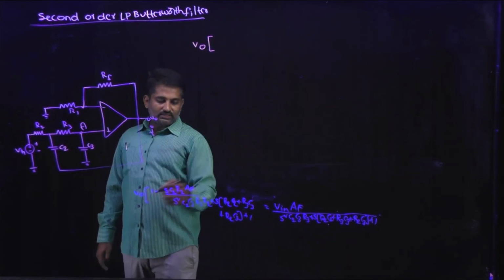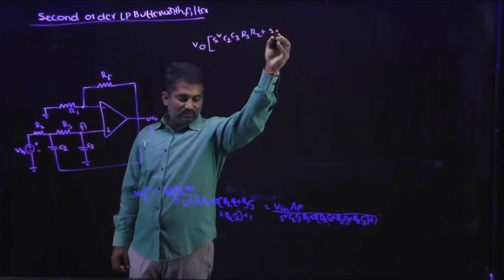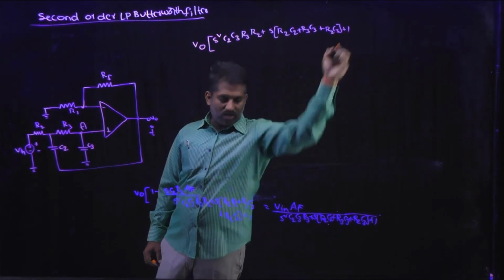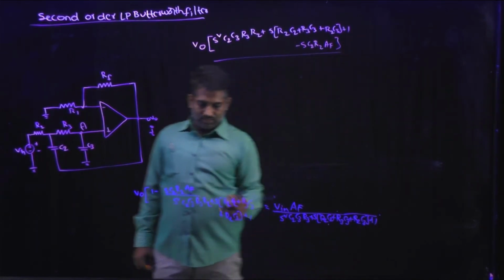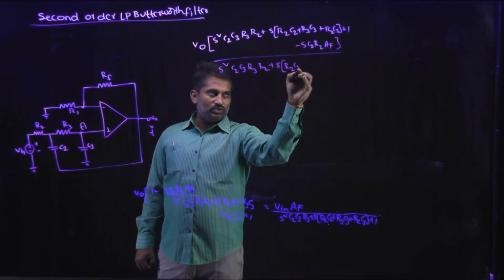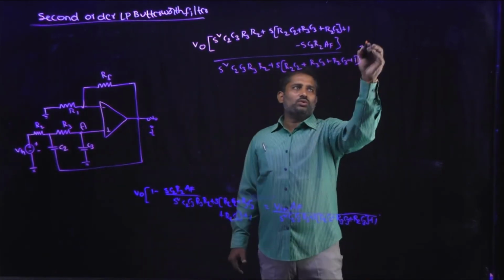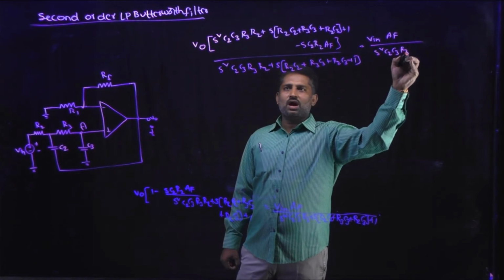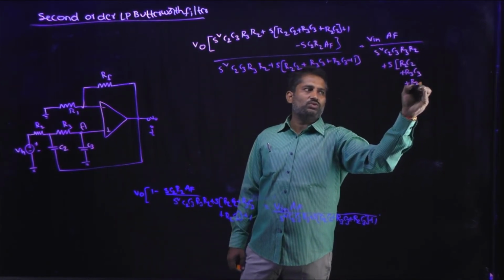For V0, take the LCM, then you will get S square C2 C3 R3 R2 plus S into (R2 C2 plus R3 C3 plus R2 C3) plus 1 minus S into C2 R2 into AF, whole divided by S square C2 C3 R3 R2 plus S into (R2 C2 plus R3 C3 plus R2 C3) plus 1, equal to Vin into AF divided by the same denominator.